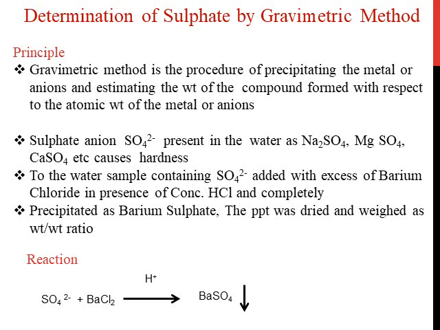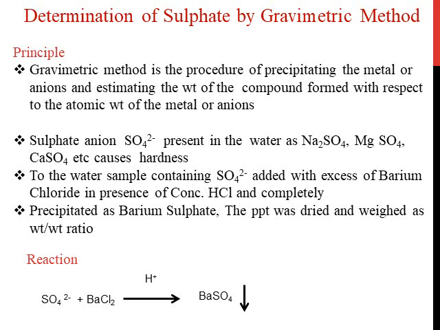This SO4 2- reacts with excess of barium chloride in acidic condition and is completely precipitated as barium sulfate, and the obtained barium sulfate is filtered, washed with water and dried in a crucible. Before taking the precipitate into the crucible, the empty weight of the crucible is noted.